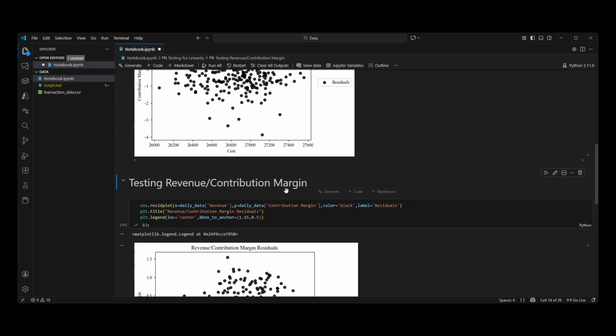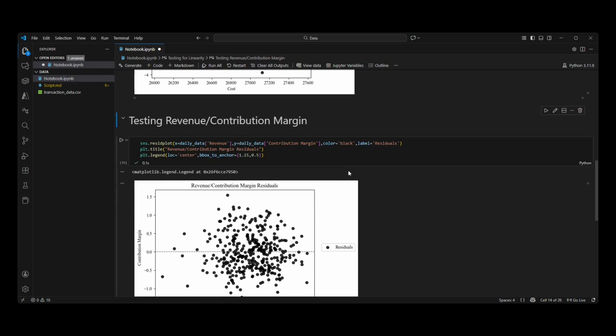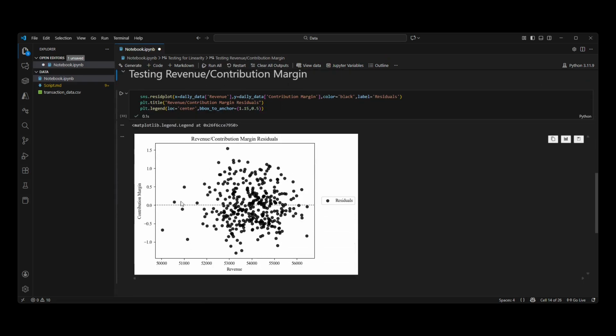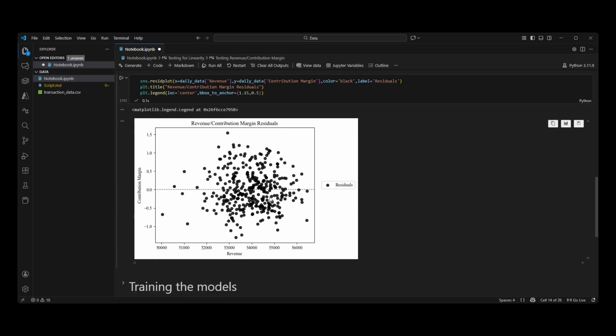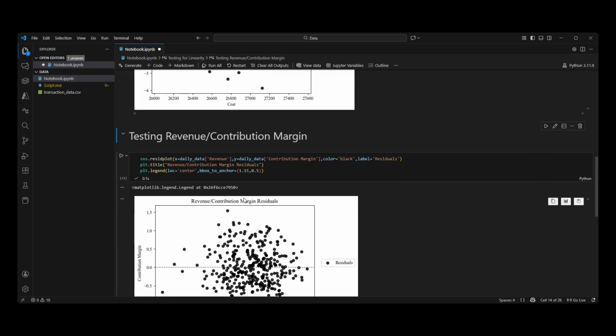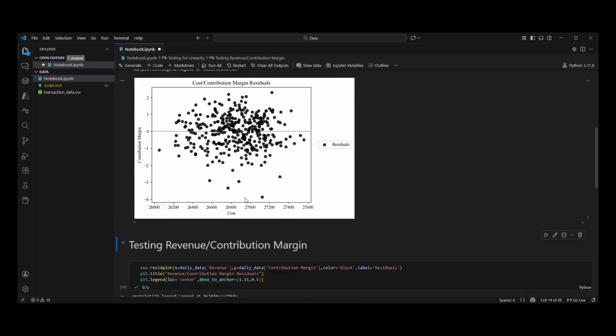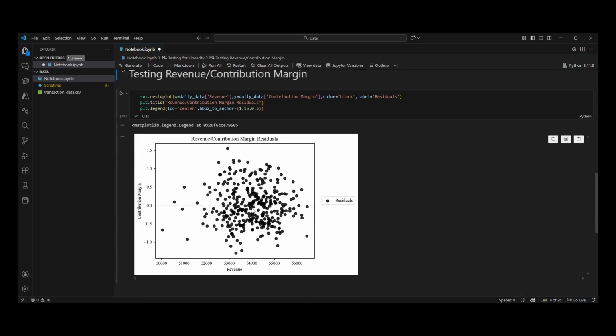We can also test that for revenue and contribution margin, and we see that it's totally random as well. It is scattered about, and we know that this is also a linear relationship. So we now know that we can train a linear model on this data and find the slope and the intercept and see the trend.